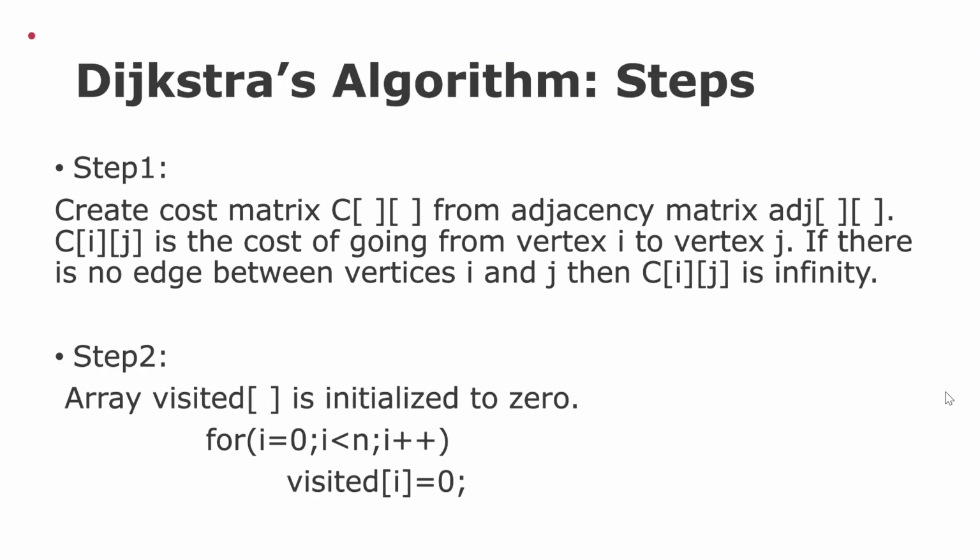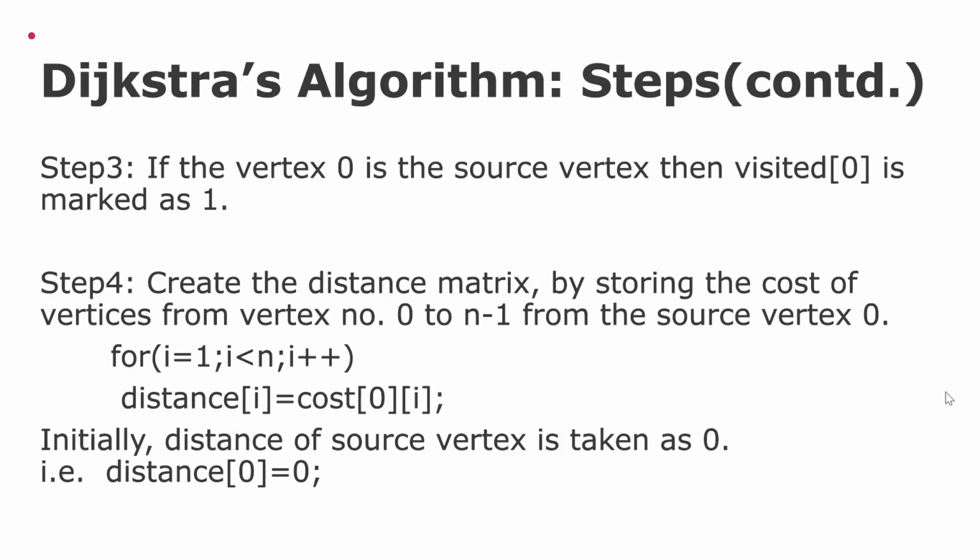And as soon as we find an optimum path, we make it 1. Now, if vertex 0 is the source vertex, then visited[0] is marked as 1. What I mean to say is that if you are selecting a node as a source node, then we mark visited equals 1, because you need not compute a path from 0 to 0.